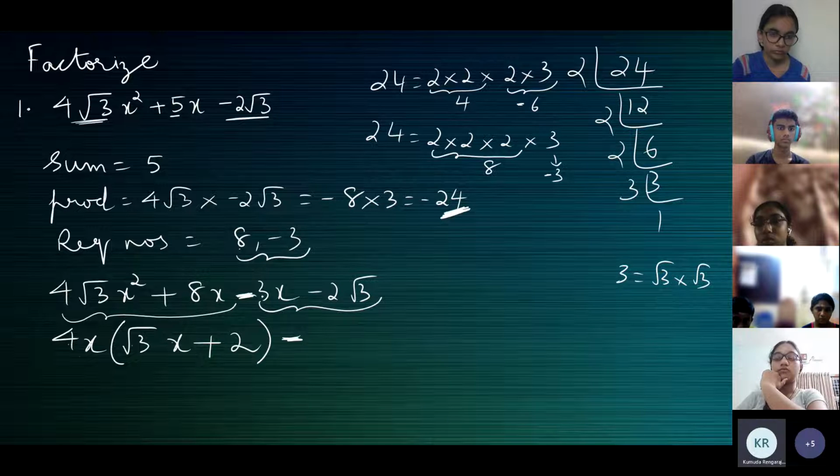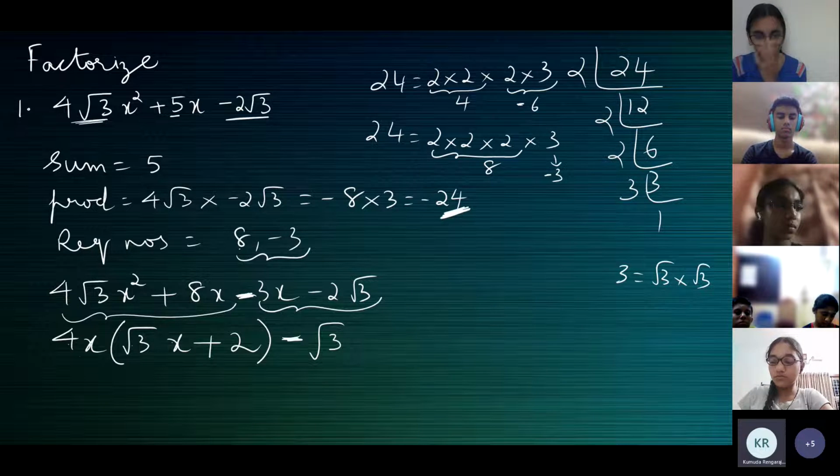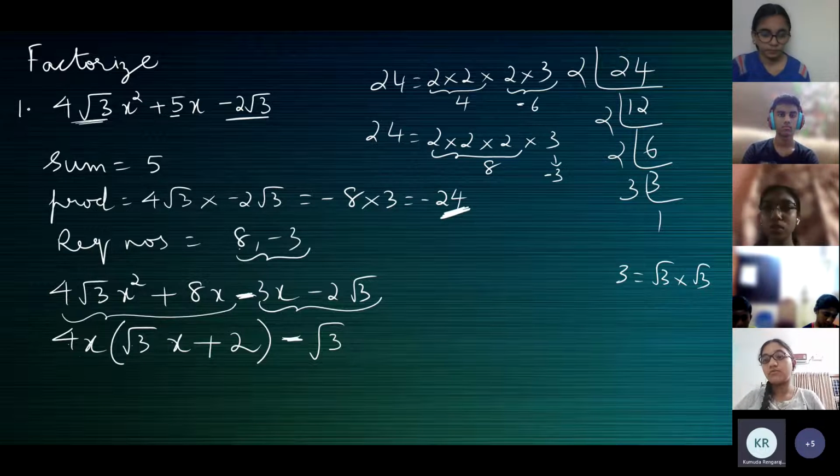So the common factor or the HCF of 3x and 2√3 is √3. How √3? There is √3 here and 2 here. Between 3 and 2, there is nothing common, only 1 is common. Between 3 and √3, √3 is common because 3 is nothing but √3 into √3. So there is one √3 common.